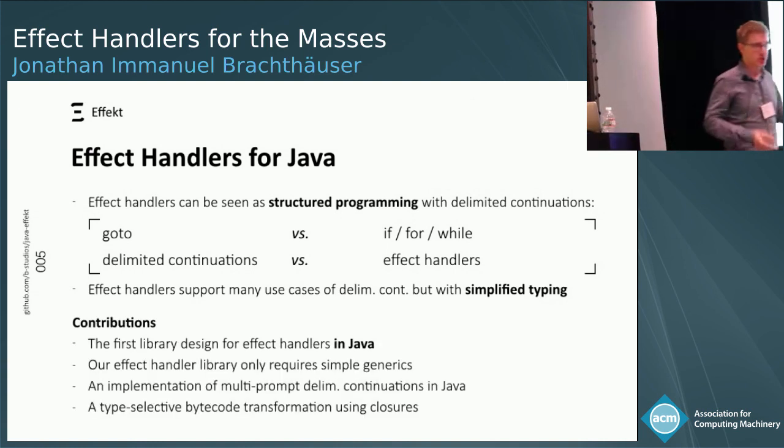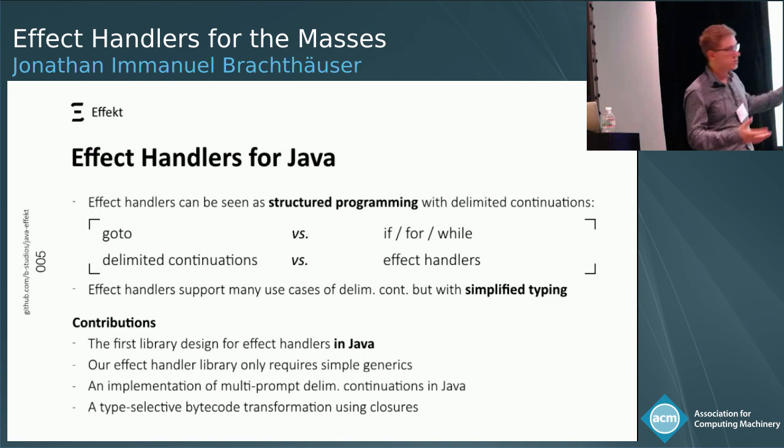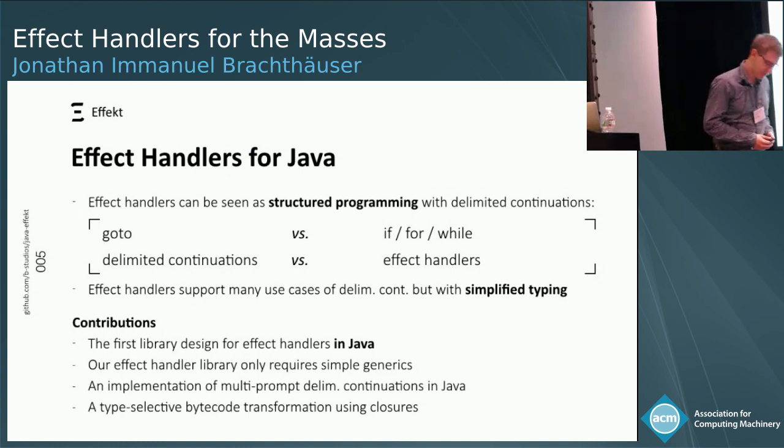Effect handlers are not new. The contribution of the work that I present today is a first library design to program with effect handlers in Java. One major problem we had to face there was that we had to simplify the typing discipline, and our library design only requires simple generics.